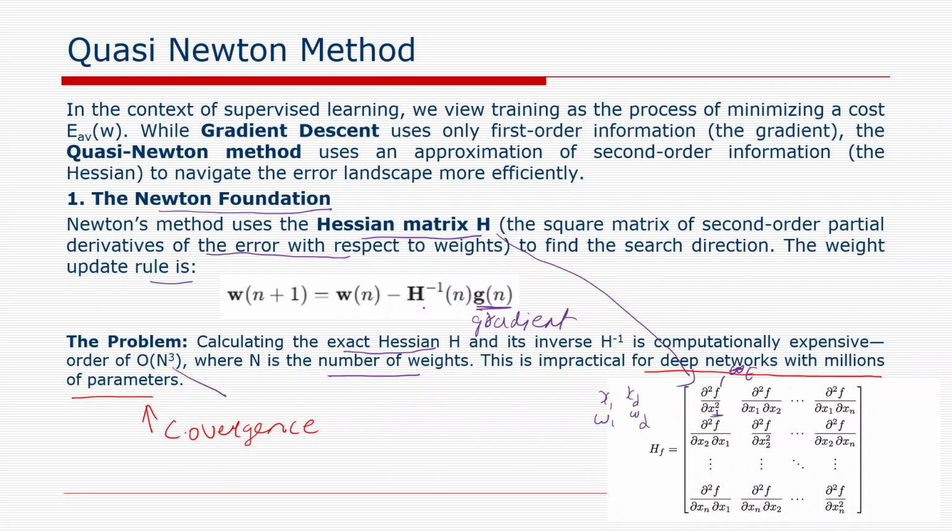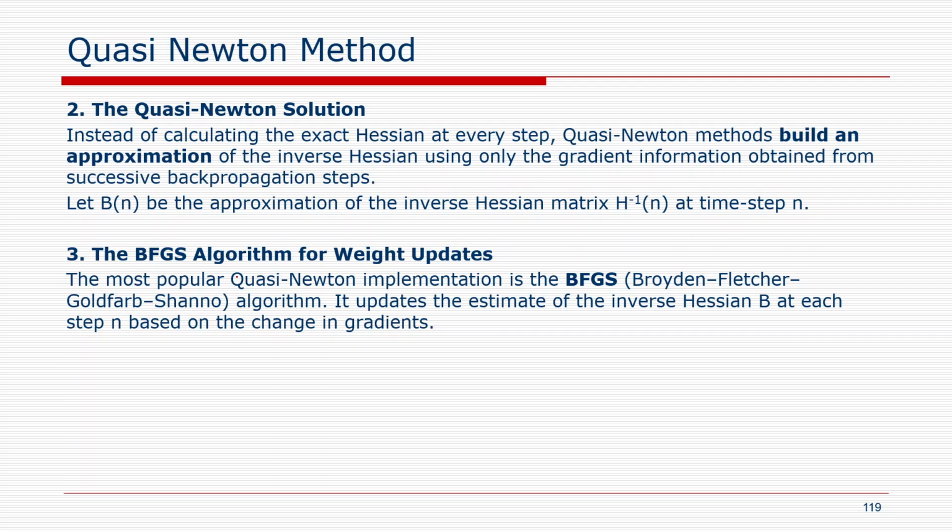Now we'll look at how the Quasi-Newton overcomes this inverse calculation of the Hessian matrix.